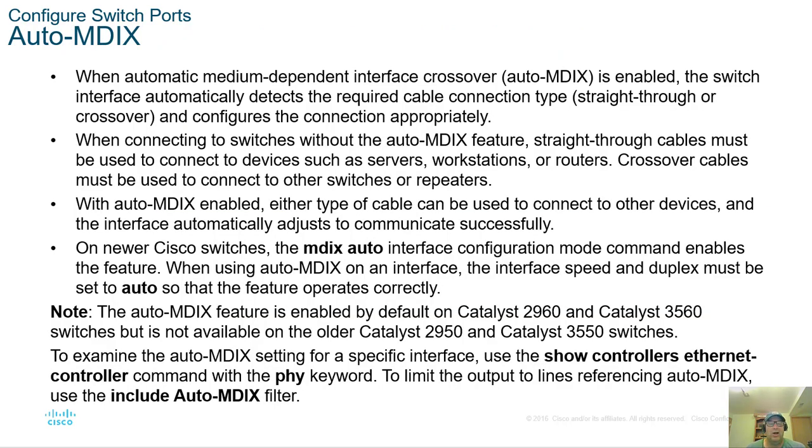And then the next technology they talk about in this section is called Auto MDIX. Auto MDIX basically says this: we kind of mentioned earlier that there are cables inside of an RJ45 jack on a Cat 5e, Cat 6, Cat 6e cable.